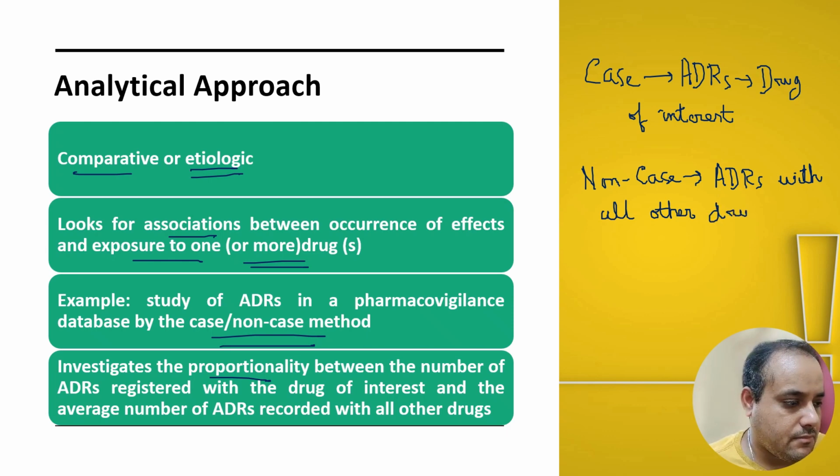So if we compare these two, the case and the non-case, then we are going to get the number of ADRs for the drug of our interest in proportion to the total number of ADRs.